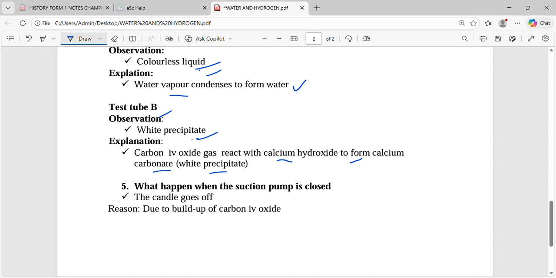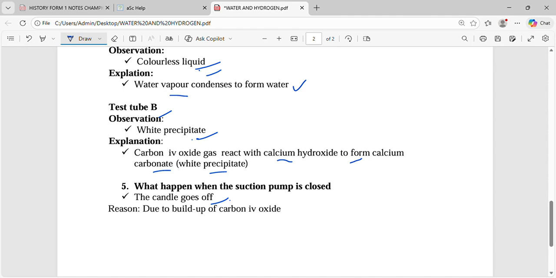Now, what happens when the suction pump is closed? When you close the suction pump, the candle goes off. Remember, the suction pump sucks or pulls the products. The candle burns to form carbon dioxide gas and water, and the suction pump pulls the products. If you close it, the products remain.